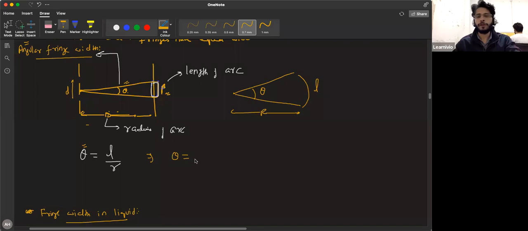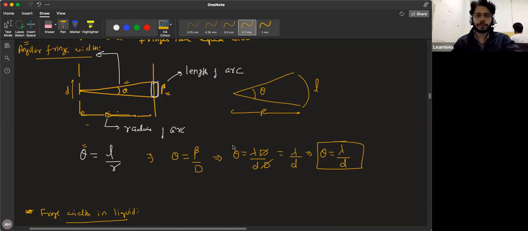Length of arc, you have beta, the linear fringe width, and the radius of arc, you have d. Now, beta we know is lambda D by d. So it's lambda D by d times 1 by d, so this d cancels out and you have lambda by d. So this is the formula for the angular fringe width. It's lambda by small d.